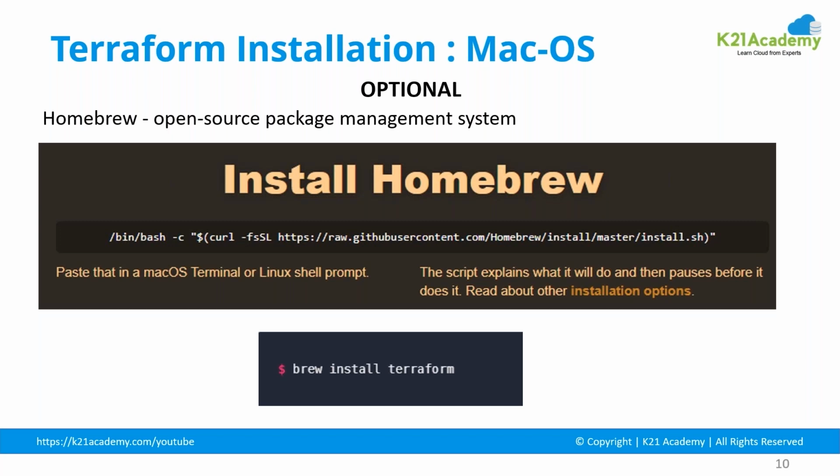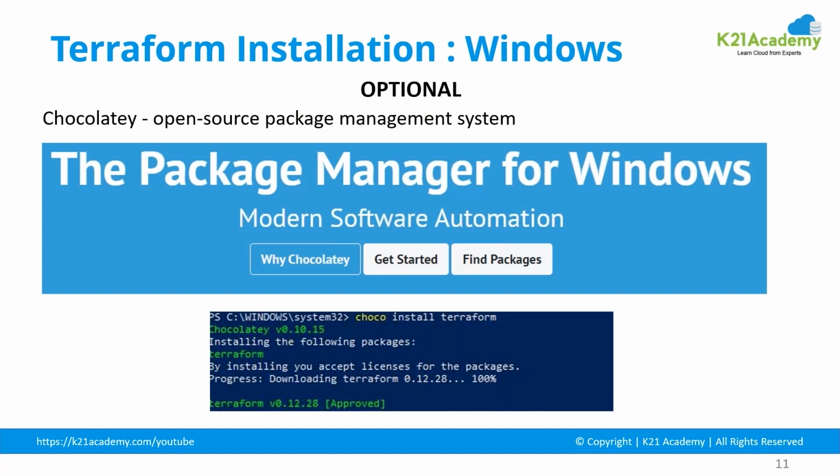What you need to do is download the Terraform binary. Even on Windows, they will say you download the Chocolatey open source package management system, and then using that, you go ahead and do the installation. It's good to go this way, but it is really not required, and that's why I have kept it as optional. So remember, that is all optional.